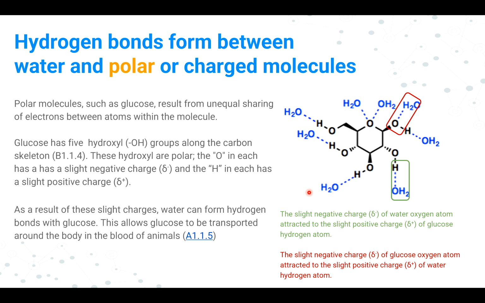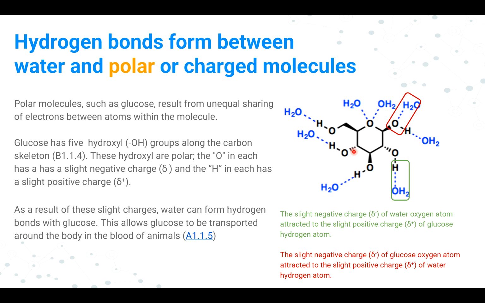Right? Okay. Now when we talk about the adhesive force, that means water is connecting to another molecule. Let's take the example of a glucose molecule. The glucose molecule has lots of oxygen, lots of hydroxyl groups.